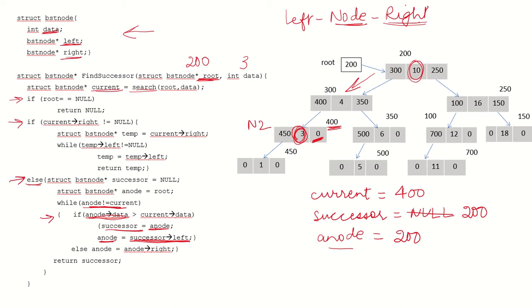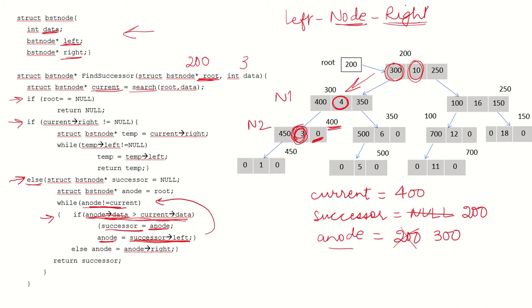So here successor arrow left is 300. So anode will be updated to 300 and we will reach this node N1. So again we go back over here. Is anode equal to current or not? No, it is not equal. So again we check whether anode arrow data is greater than current arrow data. So we see that anode arrow data is 4, current arrow data is 3.